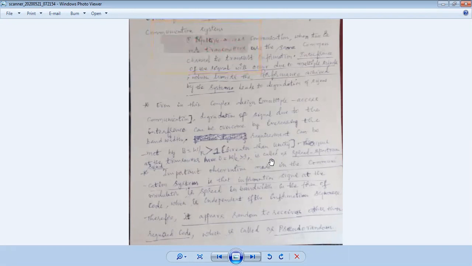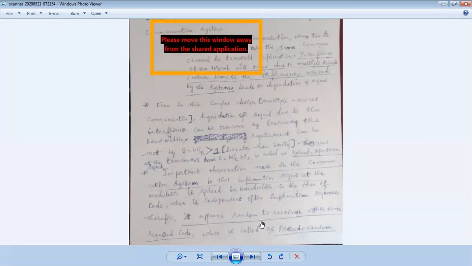This is called pseudo random, because some kind of randomness is involved. How we are going to tackle this pseudo randomness or pseudo noise at the receiver, we have to do it.